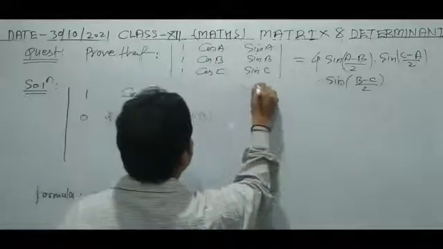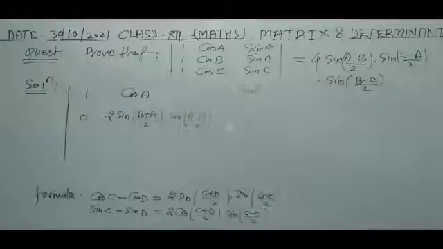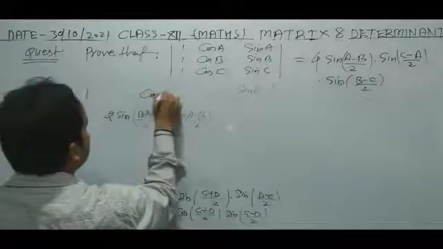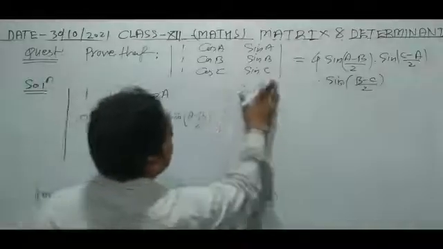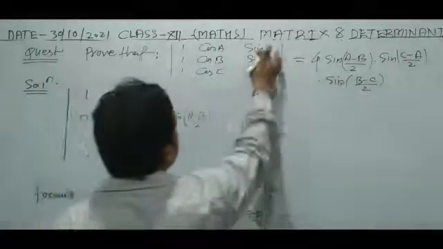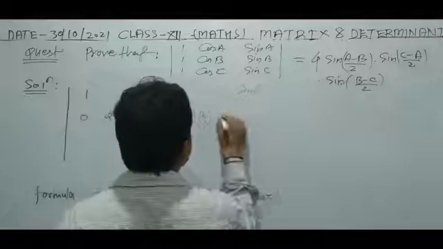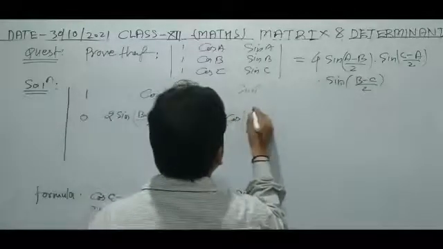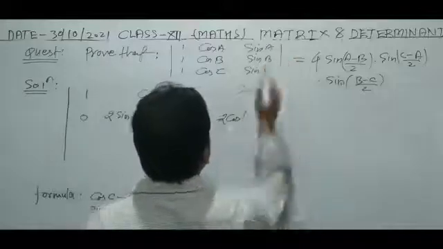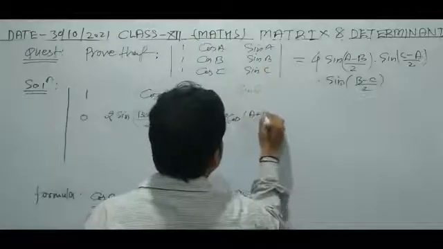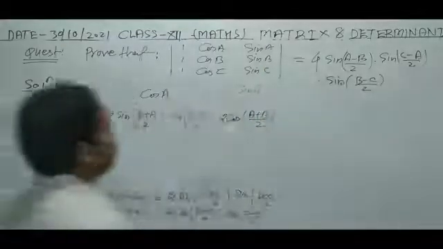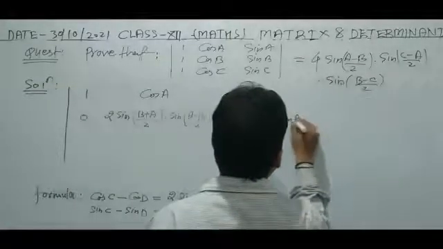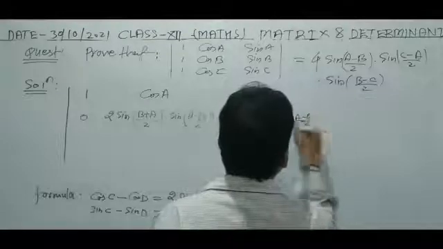Now sin B minus sin A by the formula is 2 cos of (A plus B) by 2 into sin of (A minus B) by 2.